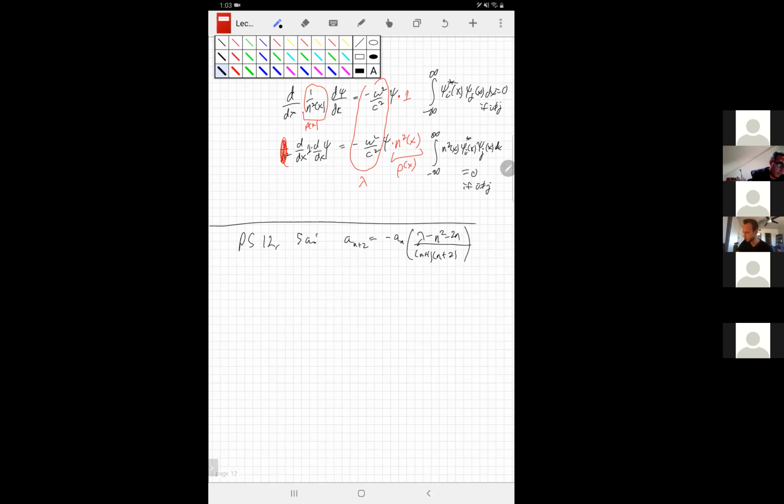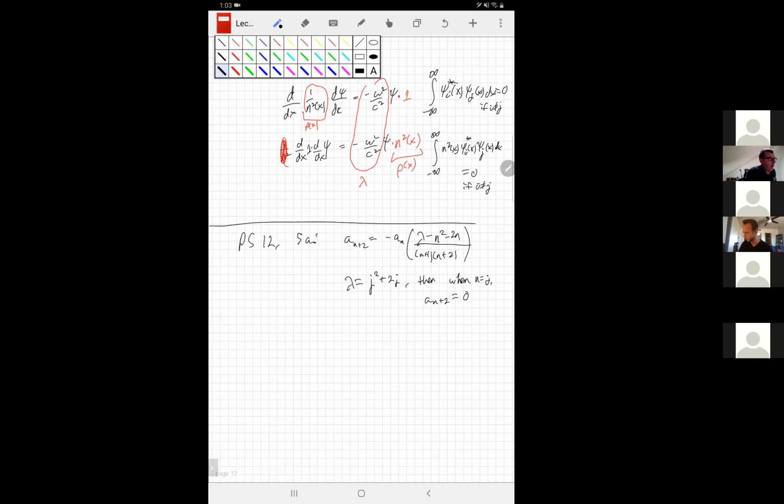N is an integer. And if lambda happens to equal, say, j squared plus 2j, so some integer squared plus 2 times that integer, then when n equals j, a_(n+2) is 0.